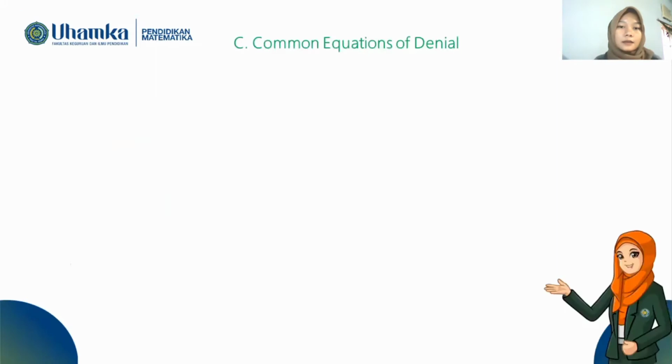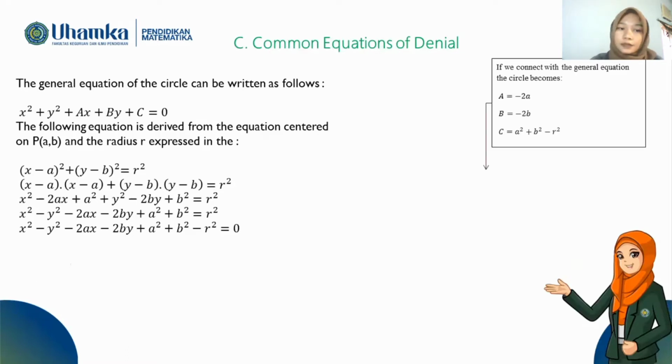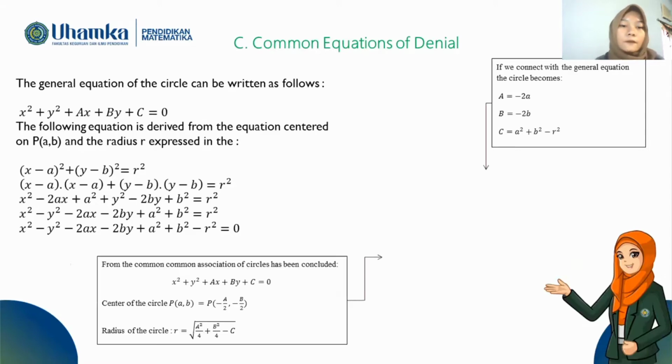For the general equation, the general equation of the circle can be written as follows: x squared plus y squared plus ax plus by plus c equals 0. The following equation is derived from the equation centered on a, b and radius r expressed as the bracket of x minus a squared plus the bracket of y minus b squared equals r squared.